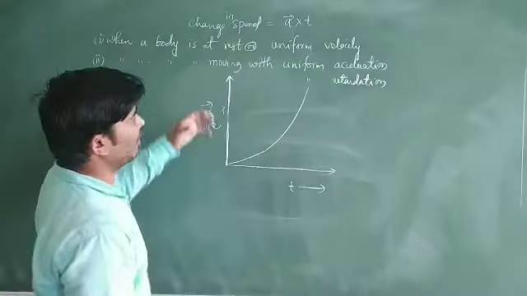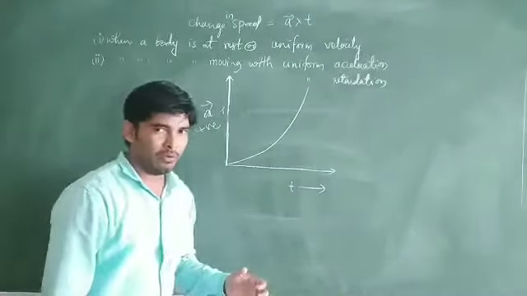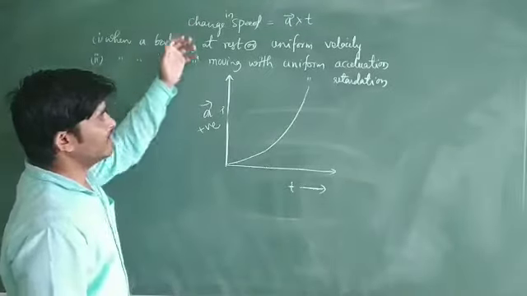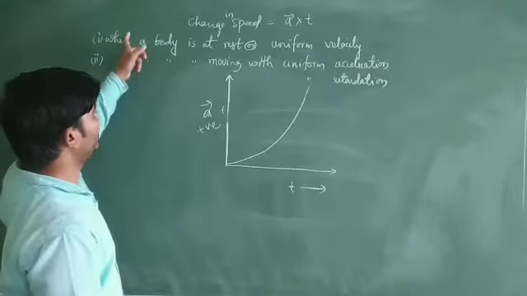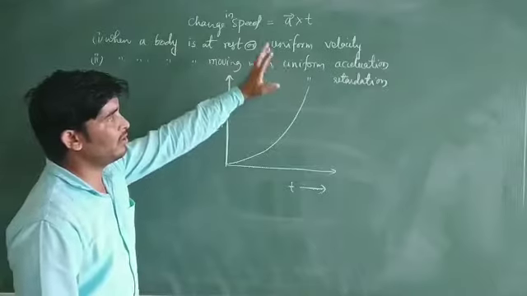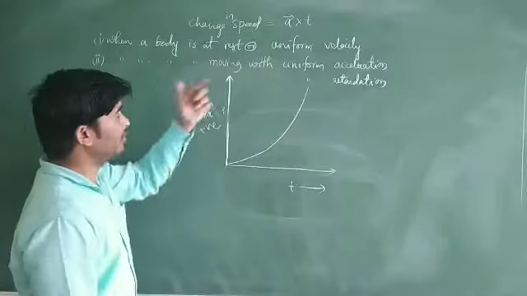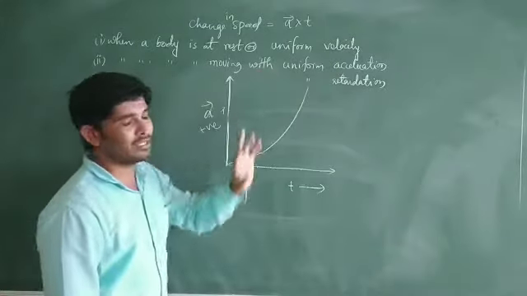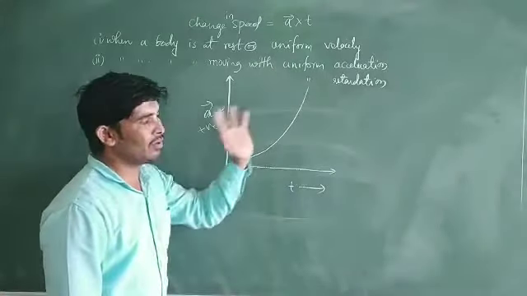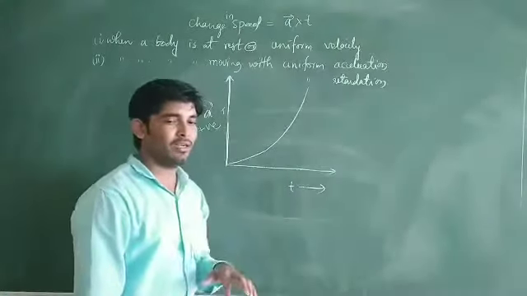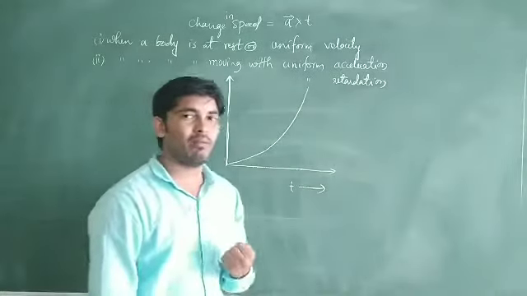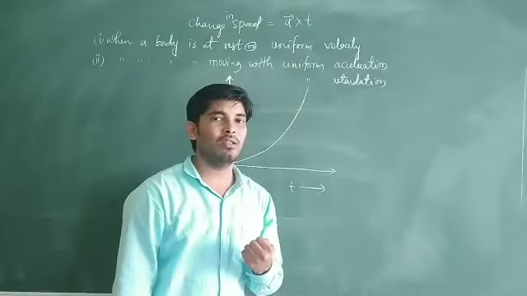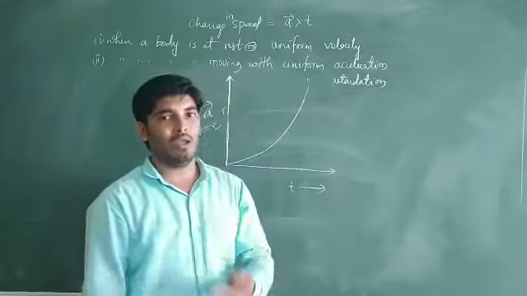So these are the four conditions we have in the acceleration time graph. First, when a body is at rest or in uniform velocity. Second, when a body is moving with uniform acceleration. Third, when a body is moving with uniform retardation. Fourth, when a body is moving with non-uniform acceleration.